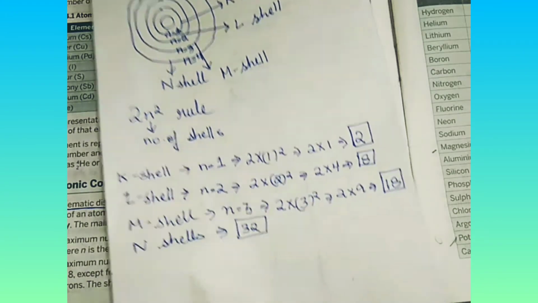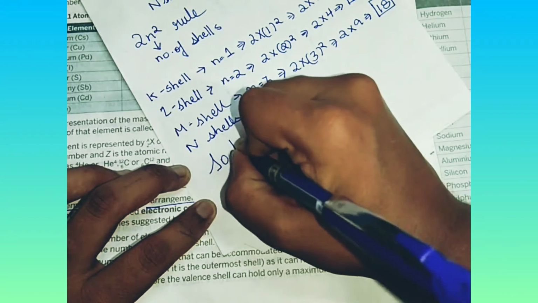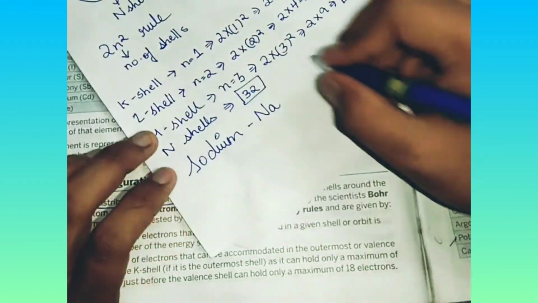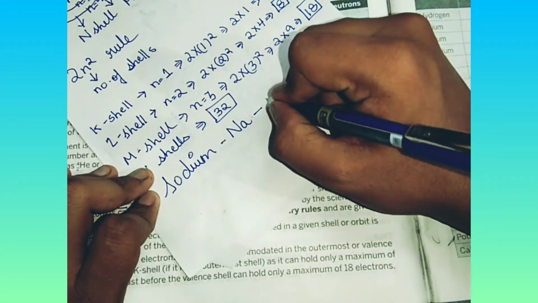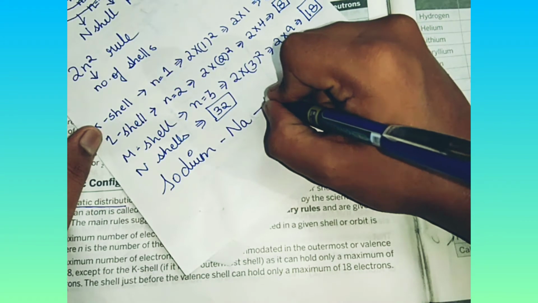Okay, we are taking the example of sodium. The chemical symbol is Na, and the atomic number, which we are going to discuss further on, is 11.